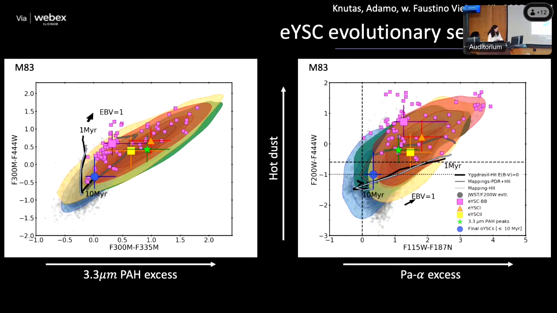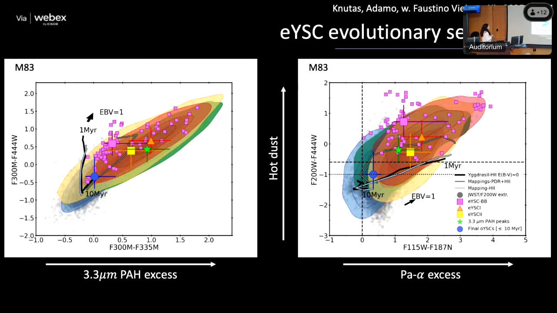Okay, so from our catalog of stars and our work on MEDIUM3, we've put all of the selected EYSCs into these color plots. So you should read this y-axis as going up in age. So older stuff is down here, and then you get more PAH as you go towards the right.